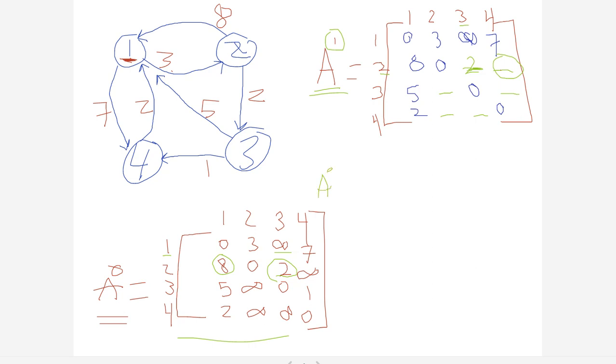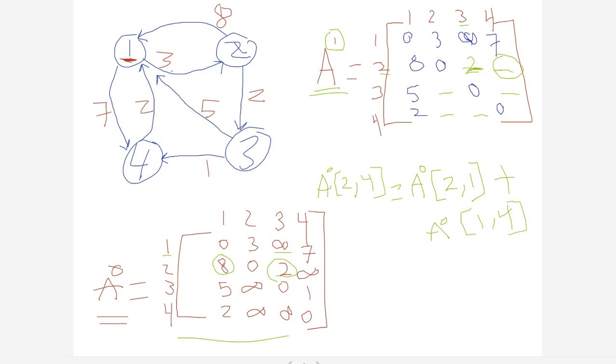A0 of 2 to 4 equals A0 of 2 to 1, as 1 is the intermediate, plus A0 of 1 to 4.